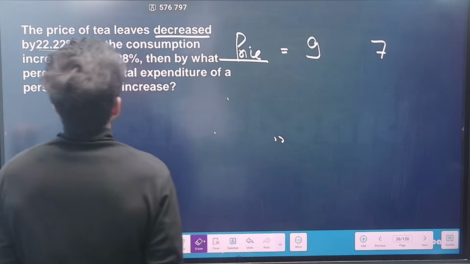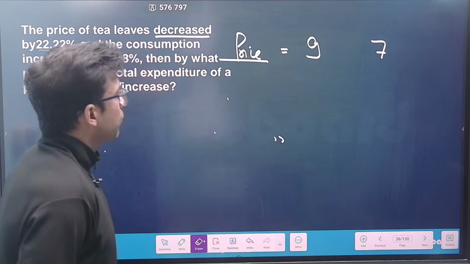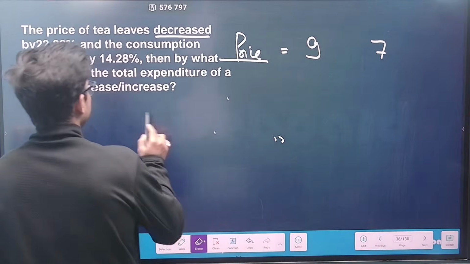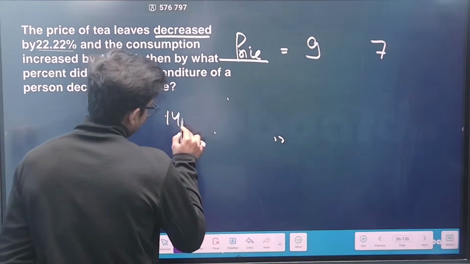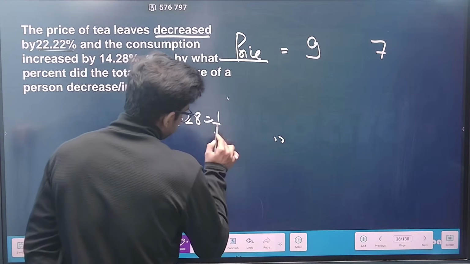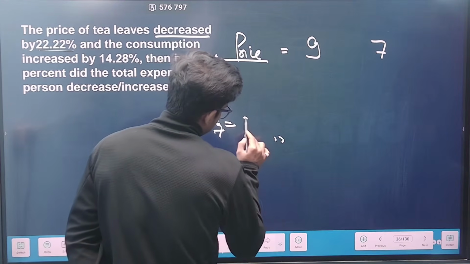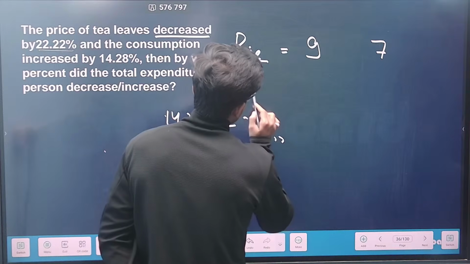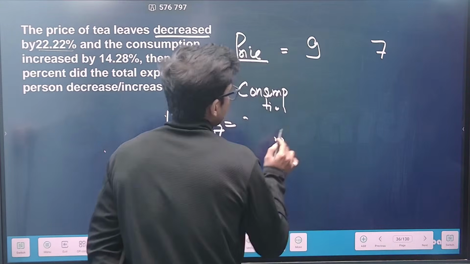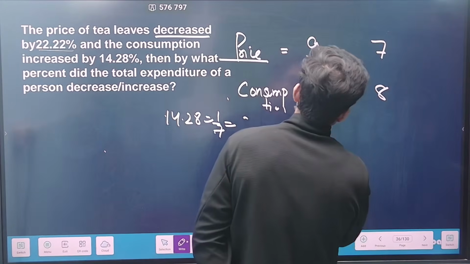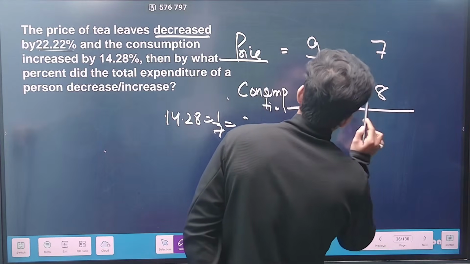Okay. And the consumption increased by 14.28. So 14.28 is basically 1 by 7. There's an increase, which means consumption would go from 7 to 8.